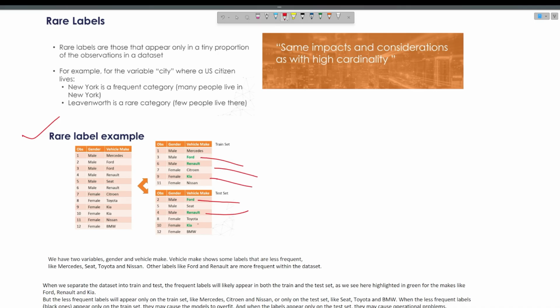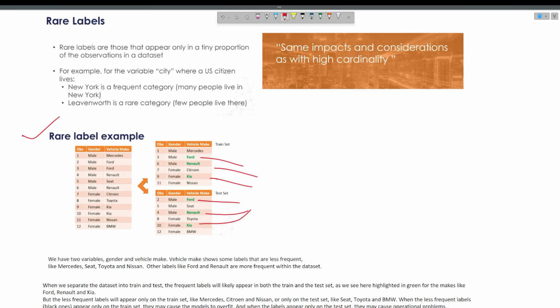But there are a few less frequent values, basically very few in the whole dataset, like Mercedes, Citroen, and so on. You can't see any Mercedes here, right? These are very less frequent. But Ford, Renault, and Kia are more frequent.